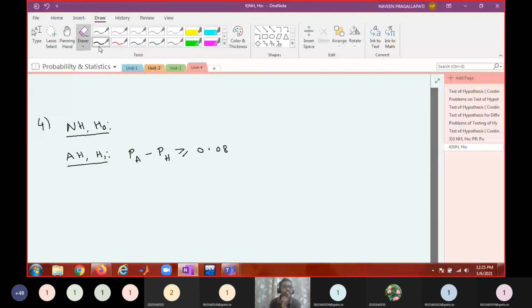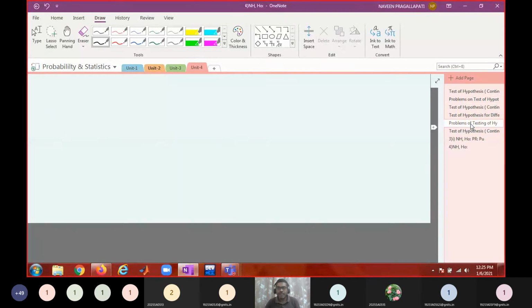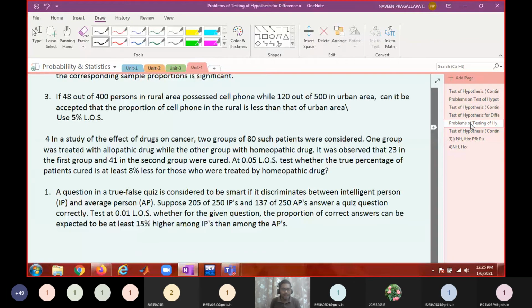Okay, right. So we have to put like this. Is that correct? 8% means how much? 23/80. Calculate. 23 divided by 80.